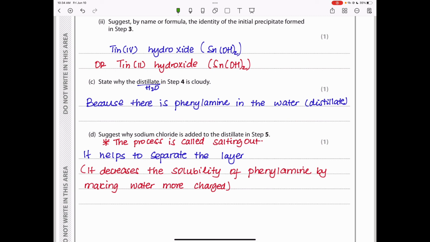Usually sodium chloride is added to increase the ionic content of the aqueous layer in order for it to separate fully from the organic layer. So it helps separate the layers, basically. That is called salting out, when they separate the layers due to increasing the ionic content of the aqueous layer.